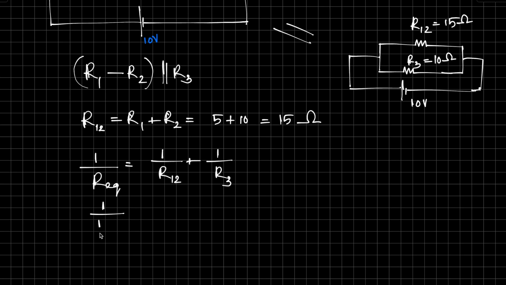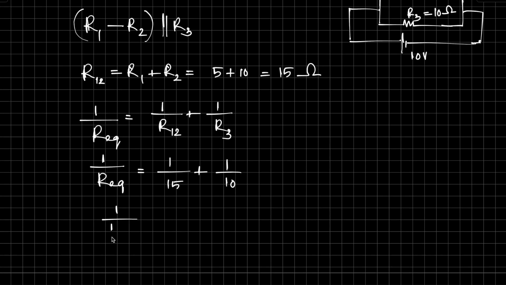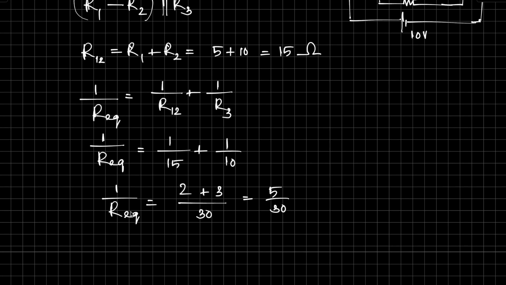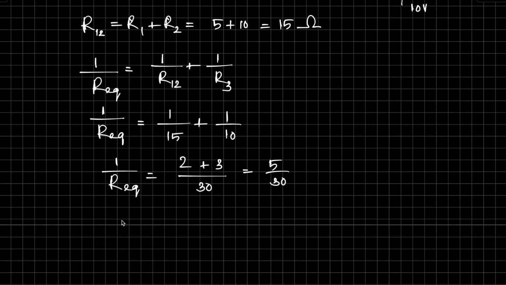1 over Req equals 1 over 15 plus 1 over 10. So 1 over Req equals 5 by 30.